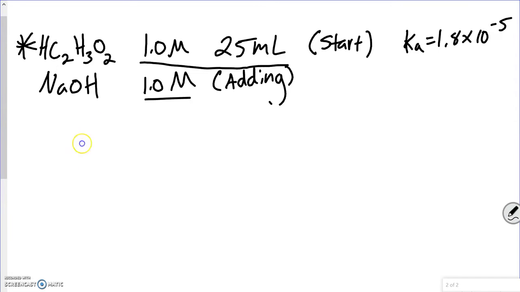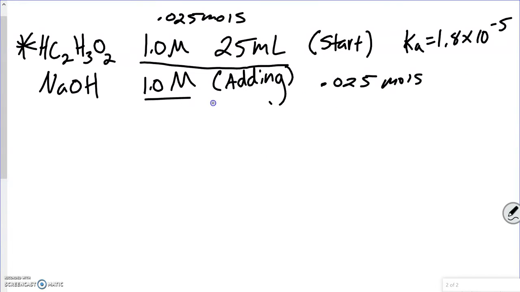So we can do our math and basically say, okay, we know we have 0.025 moles of the acetic acid, which means we must have 0.025 moles of the sodium hydroxide at the equivalence point. These two values have to be equal or it's not an equivalence point.